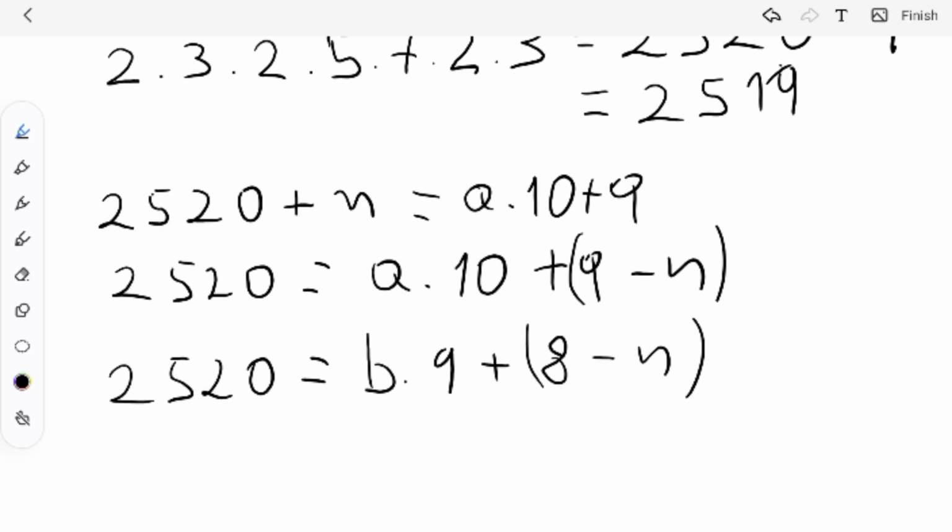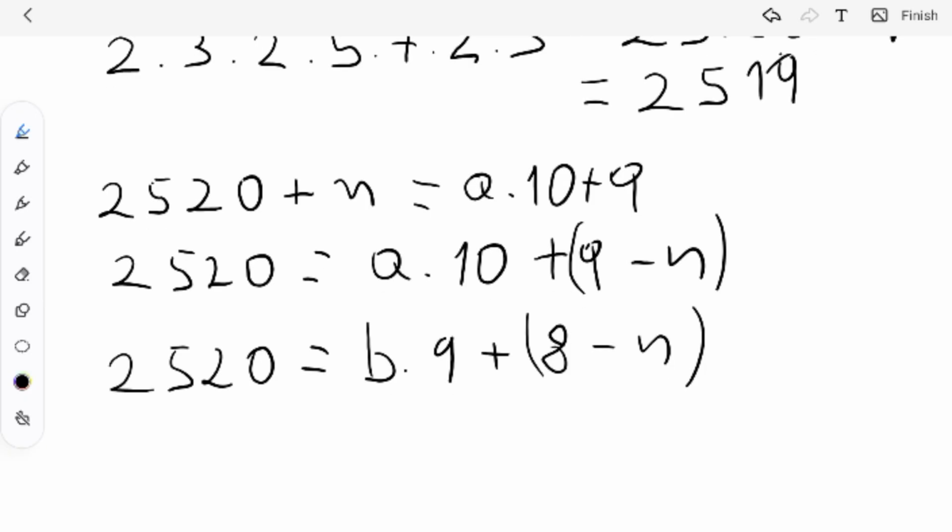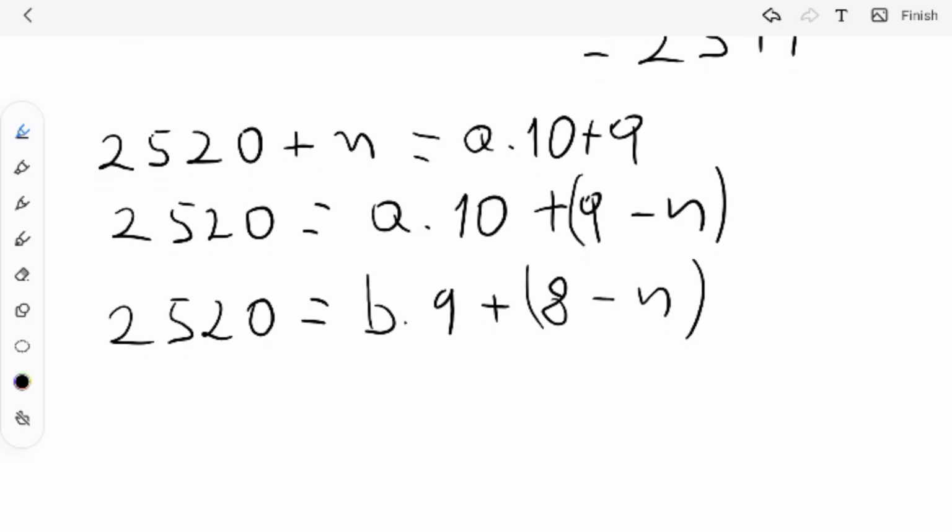And if n is 9, for example, then 8 minus 9 makes minus 1, which means the right hand side is not a multiple of 9. So the right and left hand sides cannot be equal.